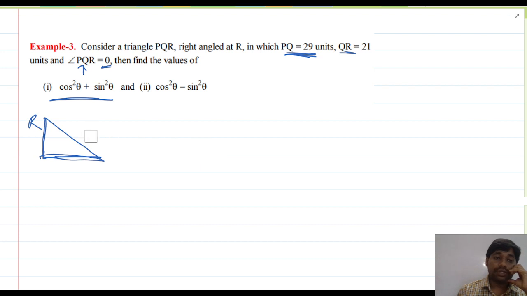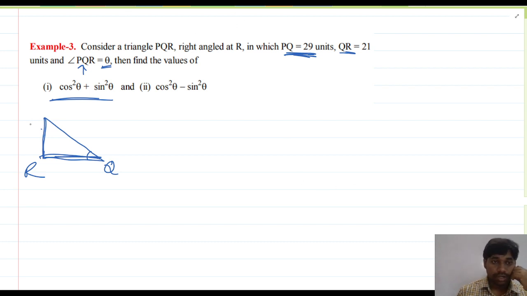The angle at Q is there, I took it as a right angle. So it is theta at Q. So the right angle is at R. I have to take the right angle here. Then the other side you can take as you wish. You can take any side.